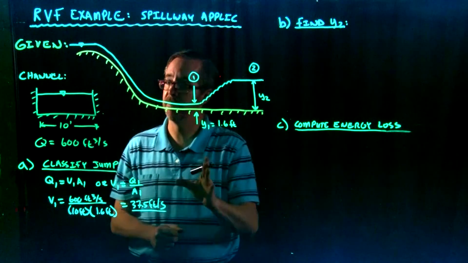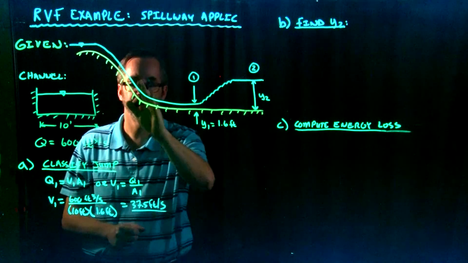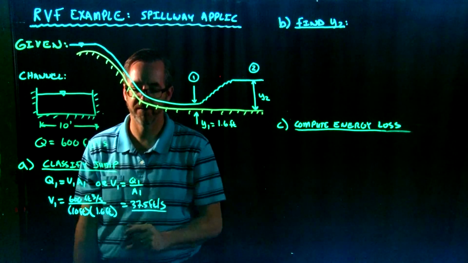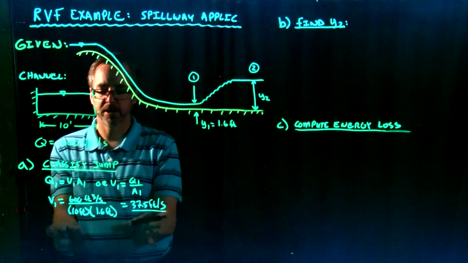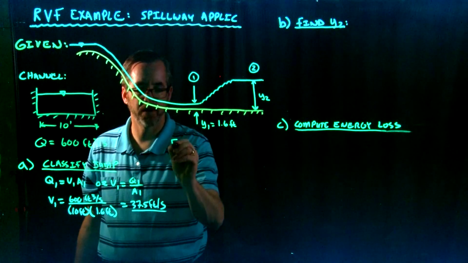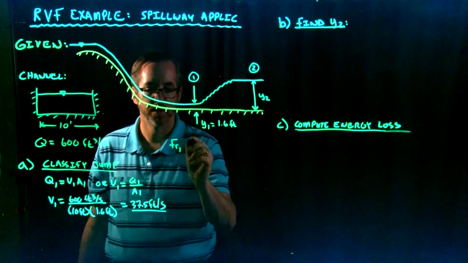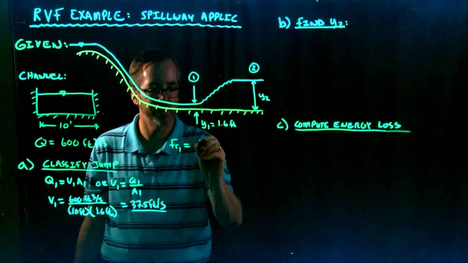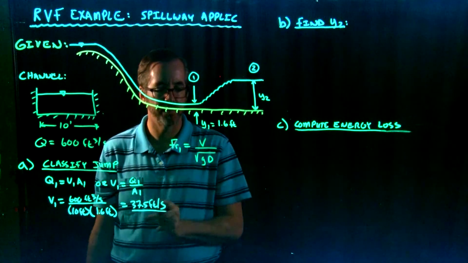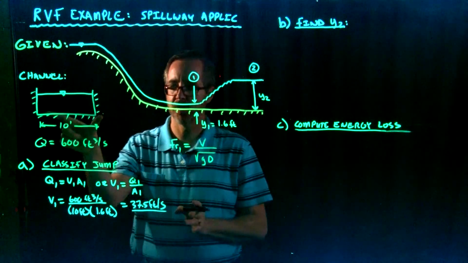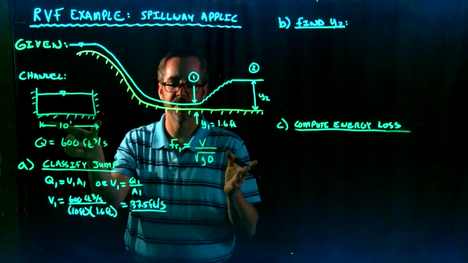So we knew it was going to be fast. As water's shooting down this spillway, it's moving at 37.5 feet per second. The reason why I needed that is I'm going to compute the Froude number at that point, so I can classify that jump. So the Froude number is defined as the velocity over the square root of g times the hydraulic depth. Now the hydraulic depth for a rectangular channel is just the depth of the channel.